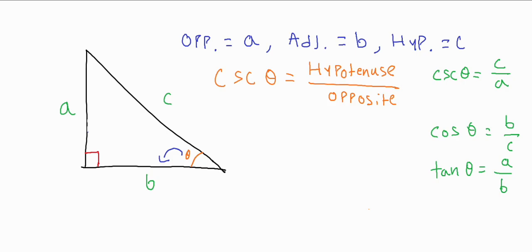So now, speaking of, what if you were asked secant of theta? Well, we know cosine is adjacent over hypotenuse. Instead, it's hypotenuse over adjacent.